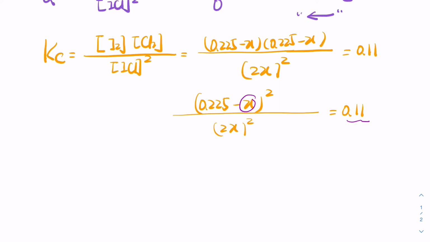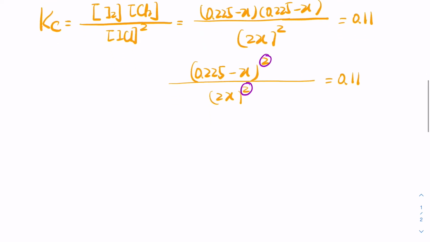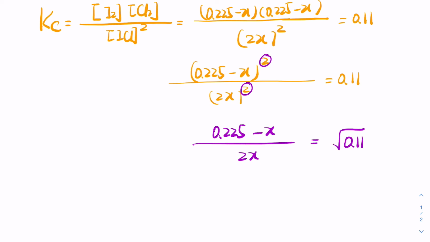But for this situation we can't, because the equilibrium constant is not small enough. However, it's fine because of the square on top and bottom, so we take the square root of the whole equation: 0.225 minus x divided by 2x equals the square root of 0.11.